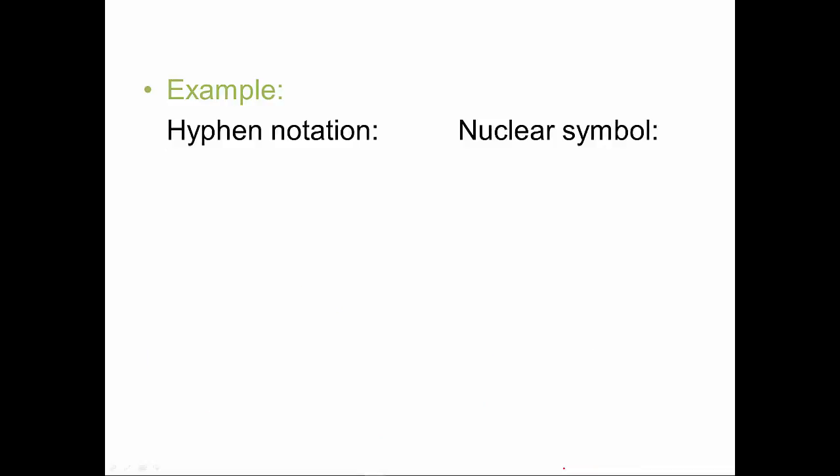Let's tackle an example. We might find something first in hyphen notation. For example, carbon-12 would be the carbon-12 isotope. We can also write it out as carbon 12 like this.